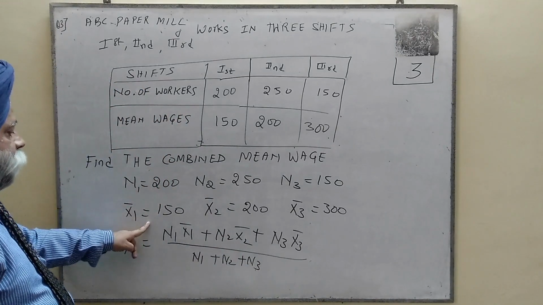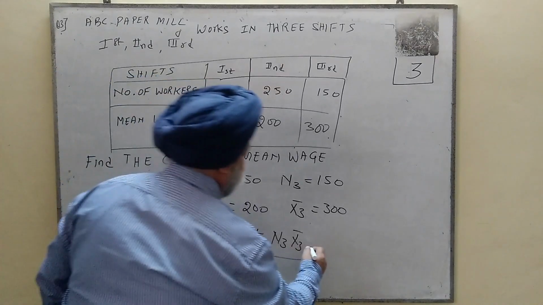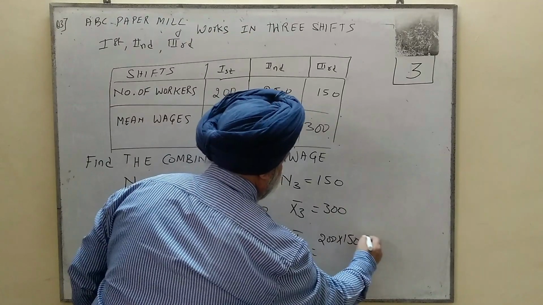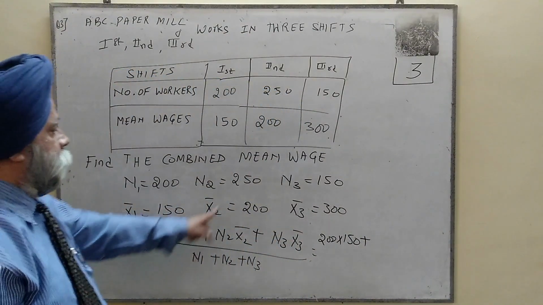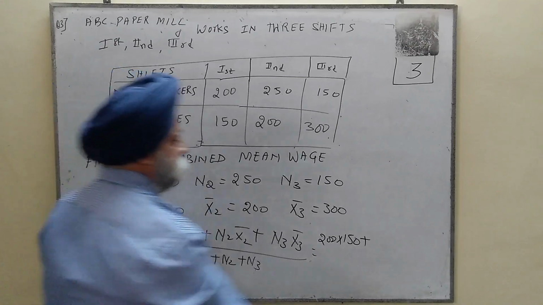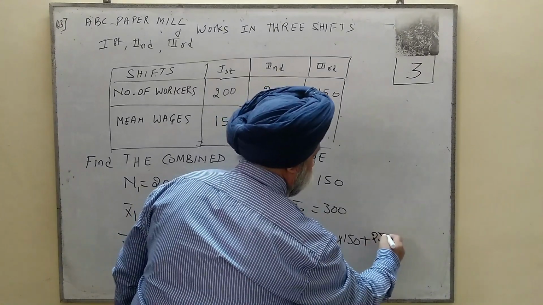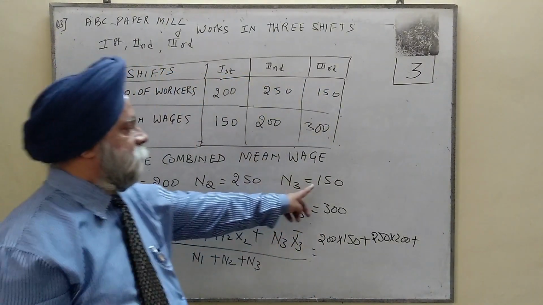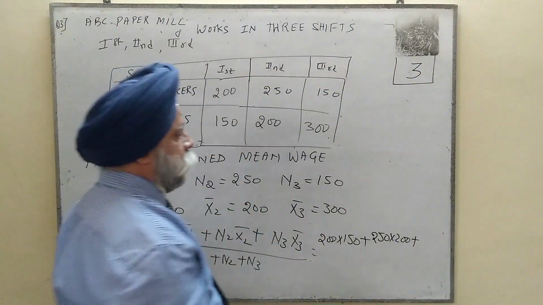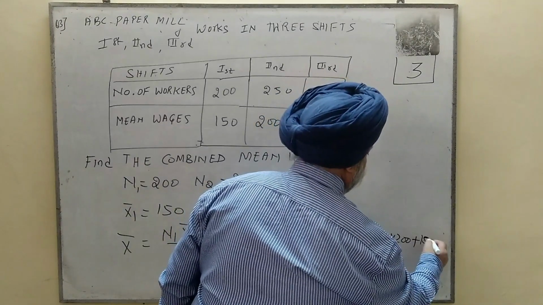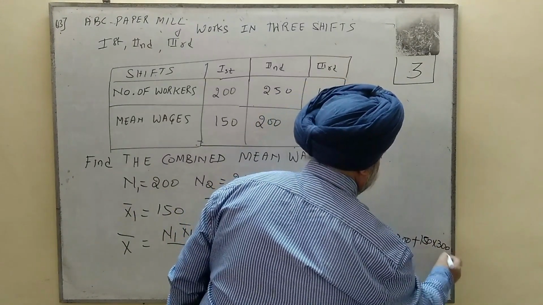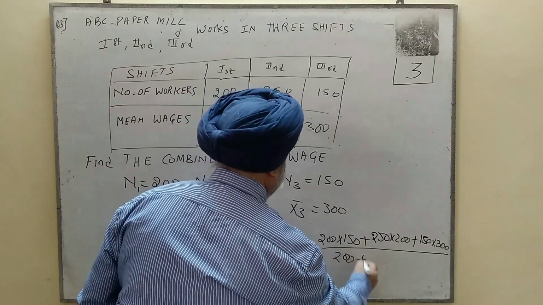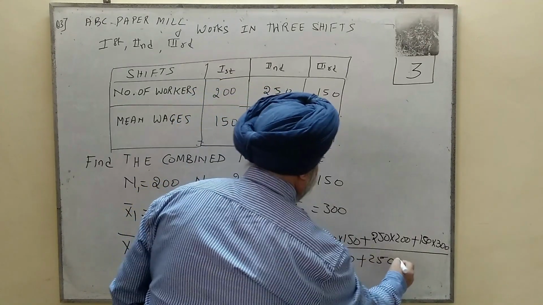Now what is the value of N1? 200. X1 bar 150. This will be 200 into 150 plus 250 into 200, and similarly 150 multiplied by 300, divided whole by 200, 250 and 150.